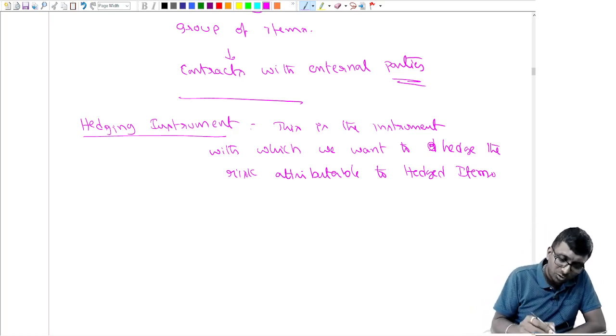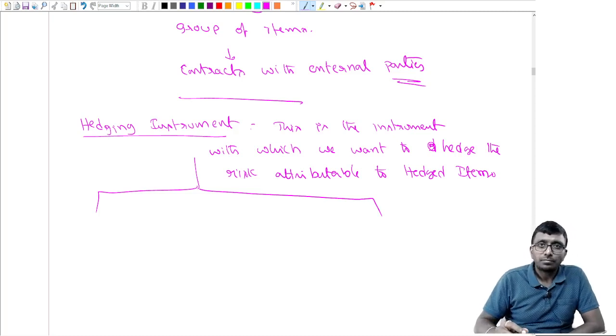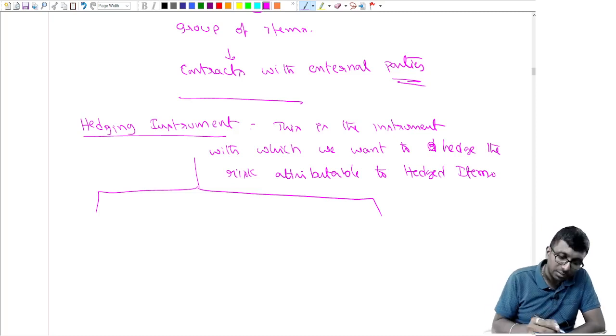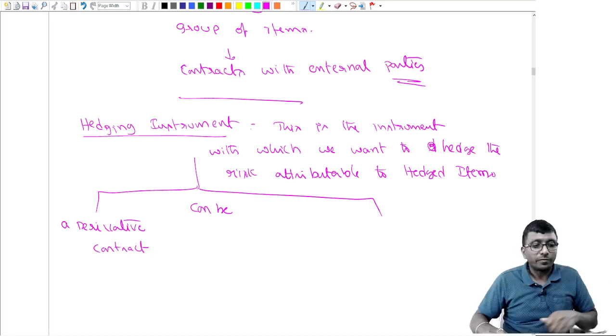What can be a hedging instrument? If you remember our discussion for the last hour or half an hour, what did we say? It can be a derivative instrument. Correct? It can be a derivative contract, and a derivative contract is always measured at FVTPL.